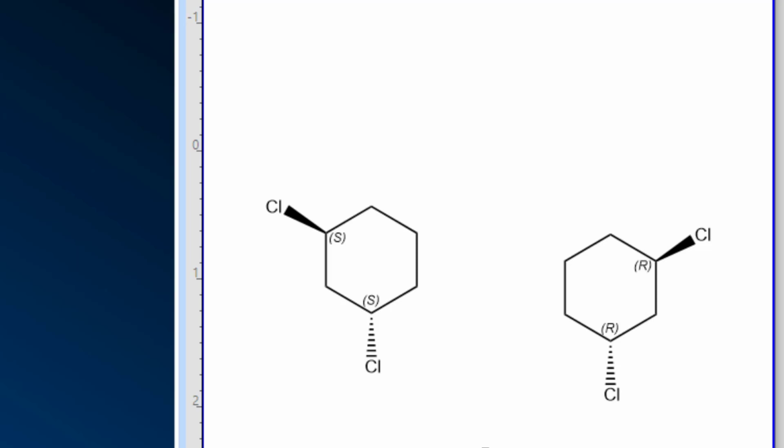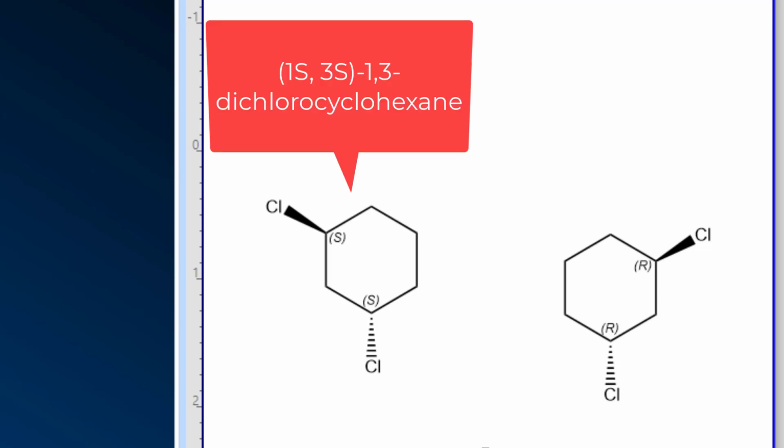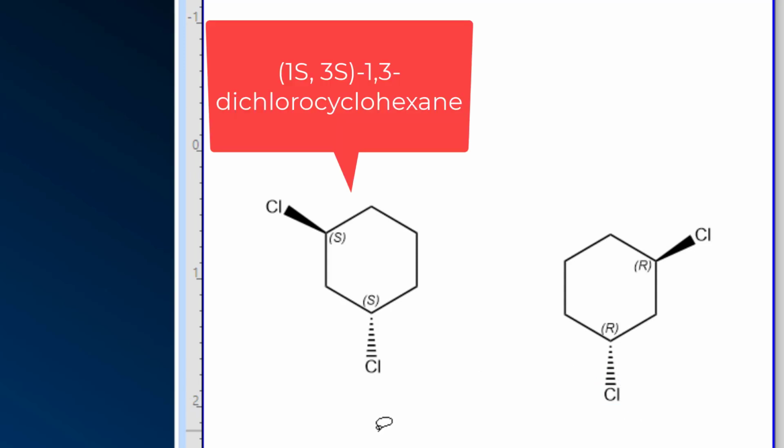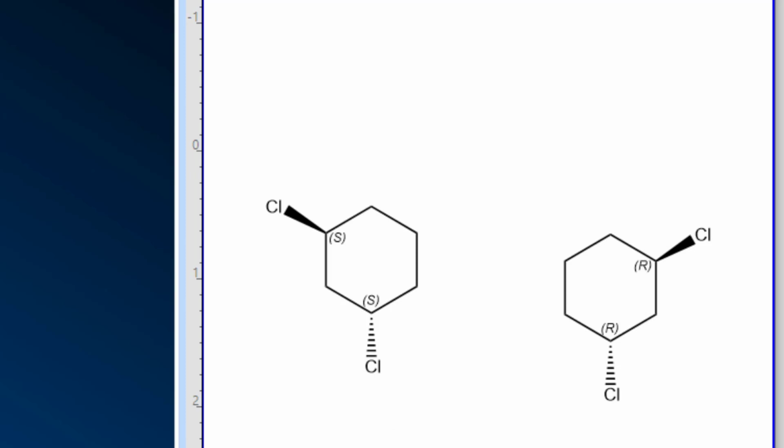It would be 1S,3S-dichlorocyclohexane for the left-hand molecule, and 1R,3R-1,3-dichlorocyclohexane for the right hand. Let me just repeat that: the left hand is 1S,3S-1,3-dichlorocyclohexane. Okay, and that's that.